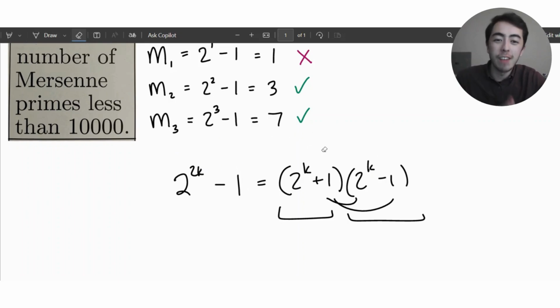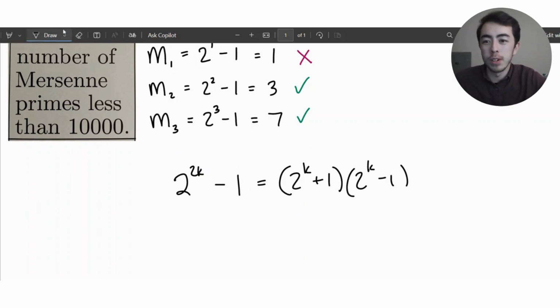Well, okay, not every time. Earlier, maybe you're saying, wait, Patrick, this was an even number and you did get a prime, and that is true. If I plug in a 1 here, then I will get 3 times 1, and yeah, that's prime. But just for the sake of example, I'm checking M sub 4 right now.